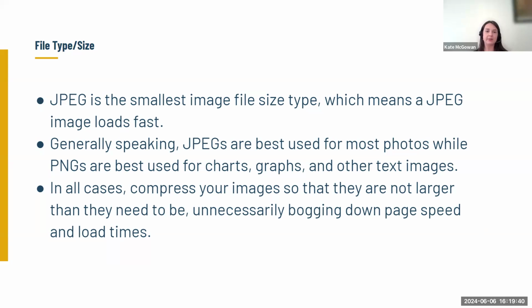JPEGs as the smallest option are usually the best for fast load times and for SEO. But whatever type of image file you use, either PNG or JPEG, you are recommended to compress either type. One of the biggest culprits for a slow loading page can be an image that is uncompressed. So ensure that you are compressing your images and not unnecessarily slowing down your page.